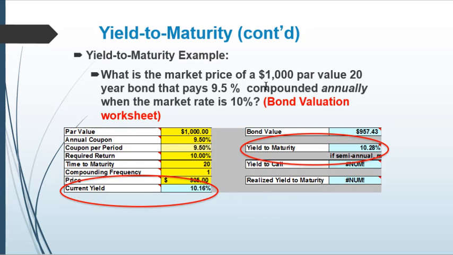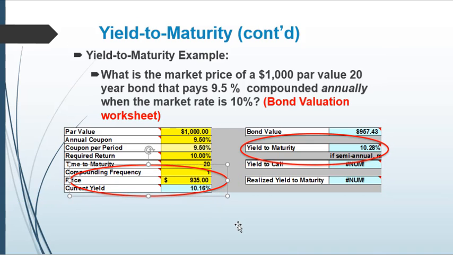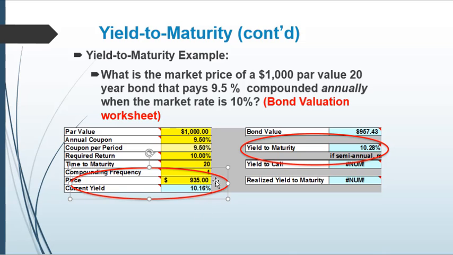So let's come back to our bond. Let's assume that the bond price is $935. If the bond price is $935, the current yield is 10.16%. That's $95 divided by $935. It's a little bit more than 10%. The yield to maturity, if you pay $935 and you hold this for 20 years, getting $95 a year in coupon, you would earn 10.28% on your investment.